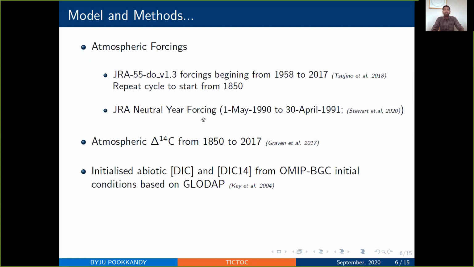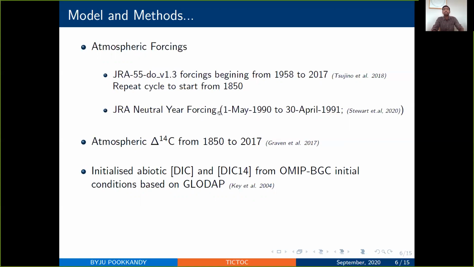We have also used the JRA normal year forcing, a 12-month period from 1st May 1990 to 30th April 1991 in the JRA55-do record that is most neutral in terms of major climate modes of variability like SAM, Southern Oscillation Index, and North Atlantic Oscillation.